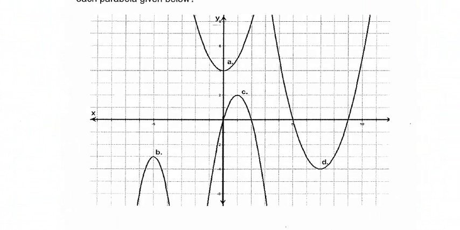So let's look at this. See here. So they're asking you for the vertex. What's your vertex here? I'm asking for the vertex. The vertex is the point (1, 2). So when I'm asking you for the vertex, I'm asking for the point.